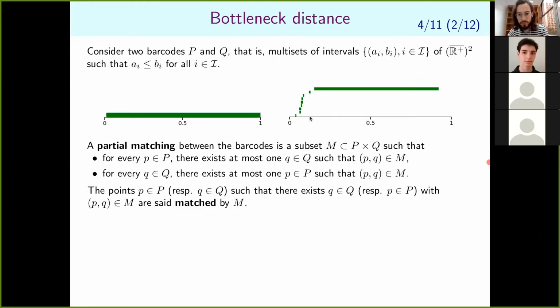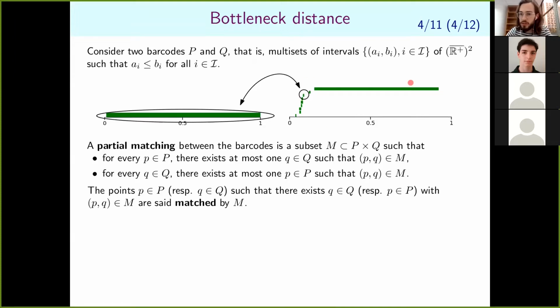So this definition says that a bar may be matched with at most one other bar of the other barcode. For instance, the empty set is a partial matching where no bars are matched. This is another partial matching, where I match this long bar here with this small bar here, and the other ones are not matched.